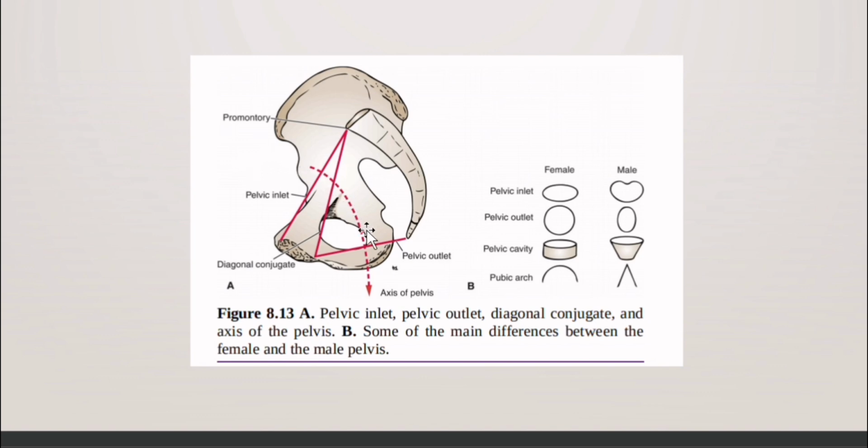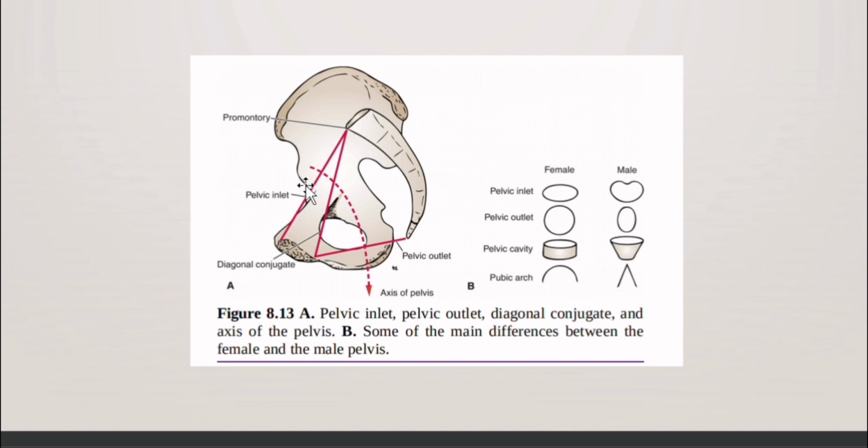I know it's not making sense for now, but I'll try to show you other diagrams. Specifically the fetus comes out through here, so we would want the sacral promontory to be as far away as possible from the fetus. We want it not to stick inwards.